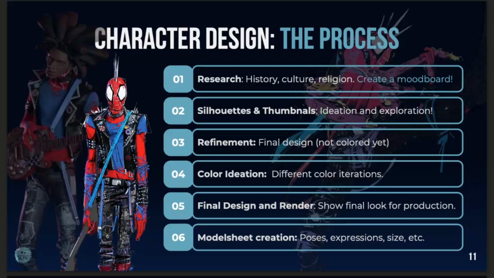And so there's someone else at the end of the line that will be making these creative decisions for you. And what you have to do as a character designer is give them a lot of options that they can look around and pick from. And the reason the second step is just silhouettes and thumbnails, and not detailed sketches or detailed designs, is because the art director wants to see the overall design of what you're pitching.